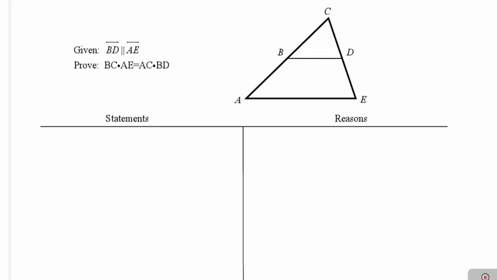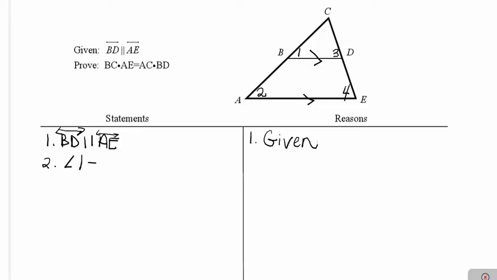Okay, let's take a look at this last example, which is slightly different than the one that we just did. Start by labeling the diagram with the givens. We just have a set of parallel lines. So BD is parallel to AE. And we want to prove, notice, a product of sides. So again, first we need to prove two triangles similar before we can get to that point. So we need to get some angles congruent.